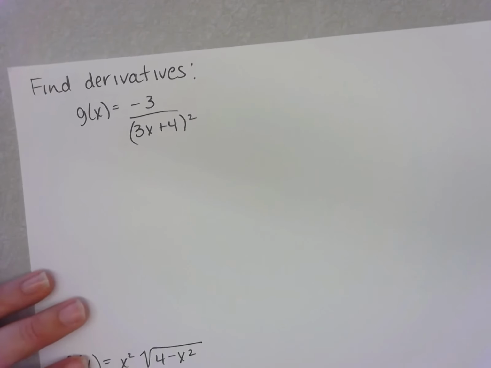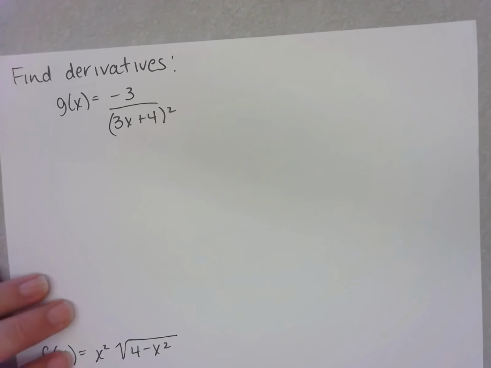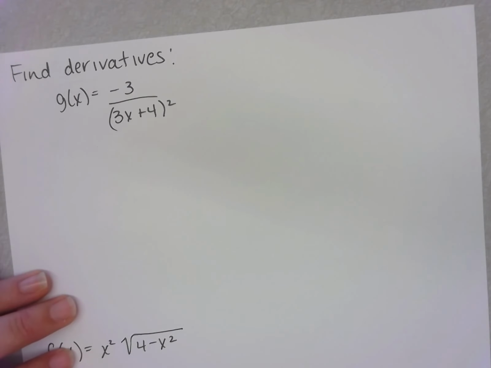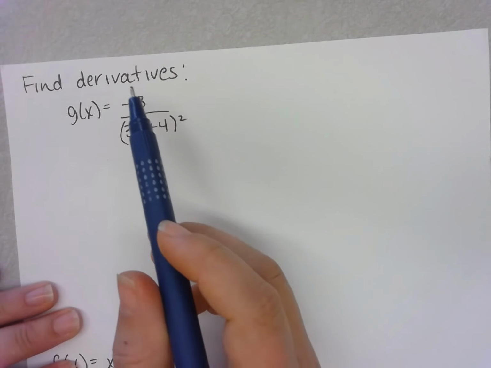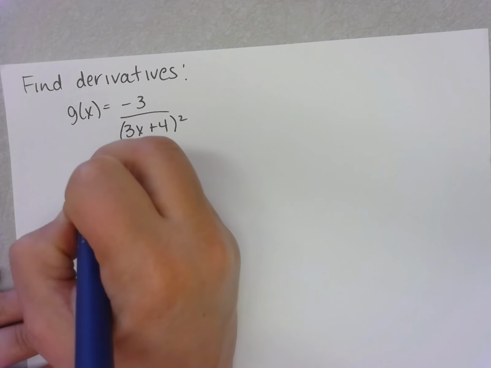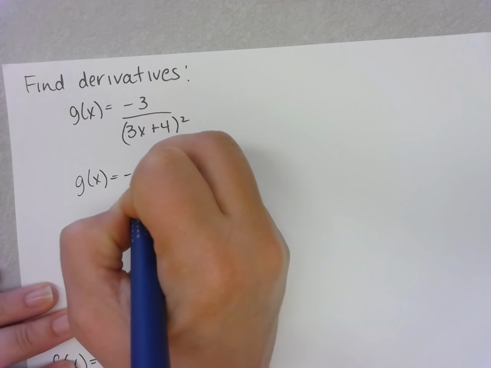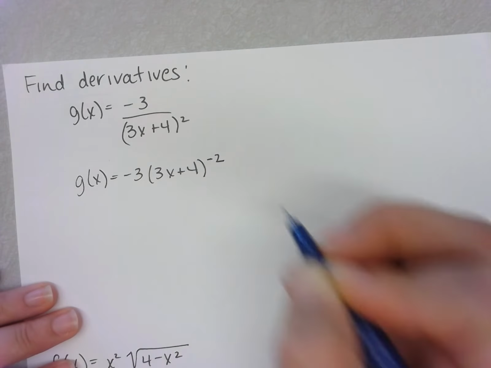This time we're going to involve some other rules instead of just the straightforward ones. So this is an example where I could use the quotient rule, but I really don't want to. The rule of thumb is if the numerator is just a constant, then one way to do this is to rewrite it as -3 times (3x plus 4) to the -2 power.